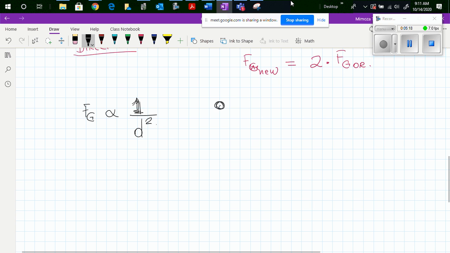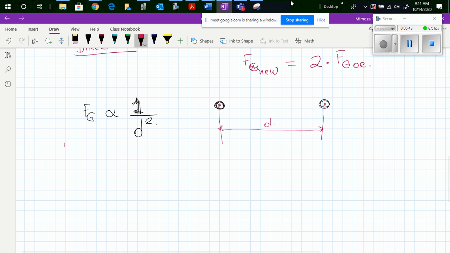If we have object 1 here and object 2 here, the centers of the objects are this one and this one, and the distance we are talking about in this case is the distance from center to center. And force of gravity is proportional to the inverse square of the distance between the two.